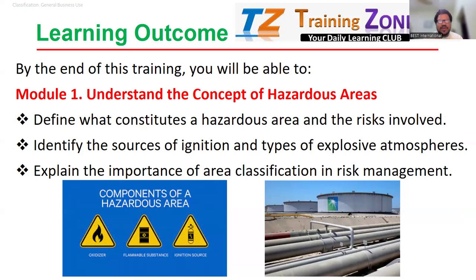No one is free from any risk. Either you are driving, working as a safety engineer, or as a confined space supervisor, or work permit receiver, or issuer, whatever your position is, if you directly or indirectly have some activities within the hazardous areas, definitely you have to understand the importance of area classification and risk management.